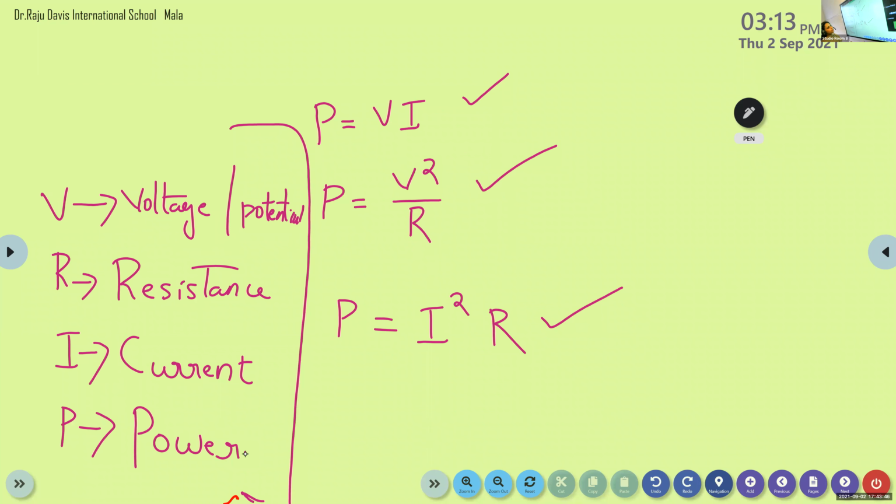My next question to Ashik. Out of these three equations, which equation can we prefer in order to calculate the power if the value of current is not provided?